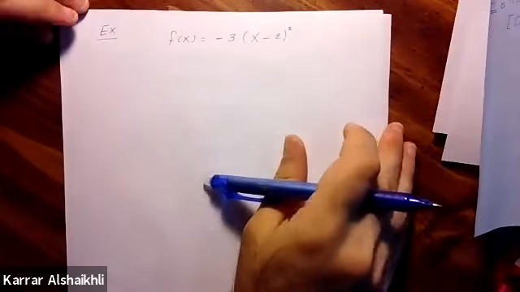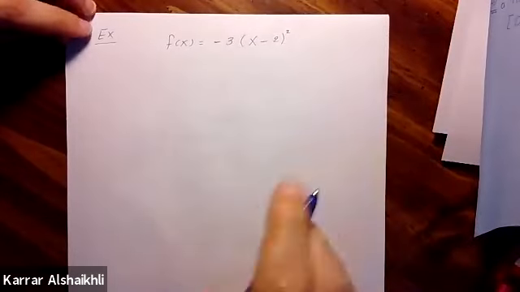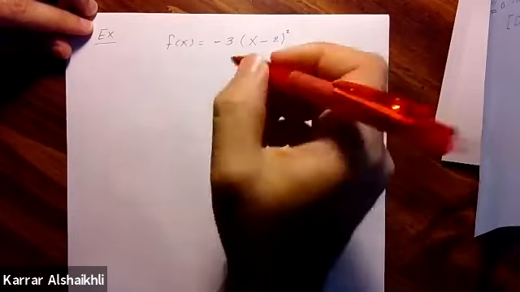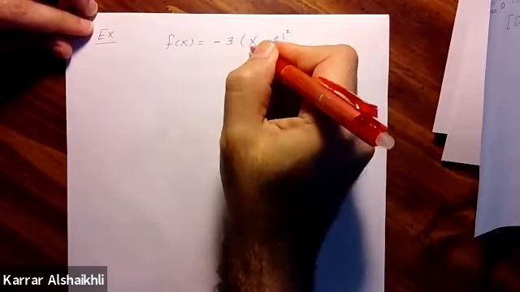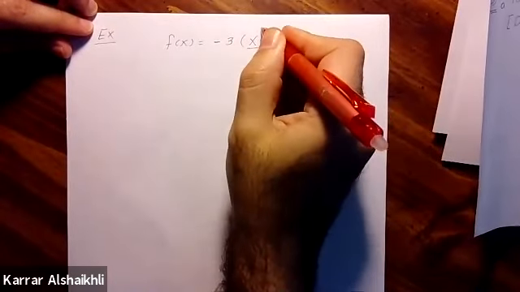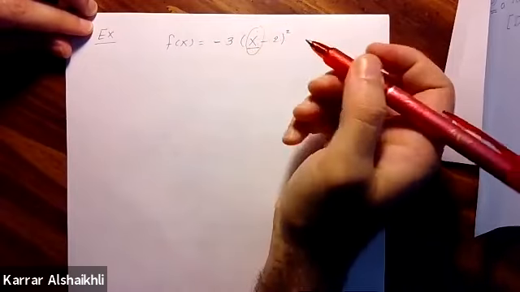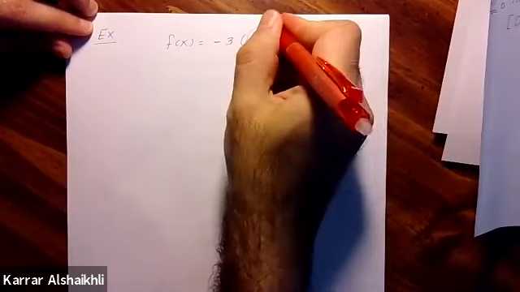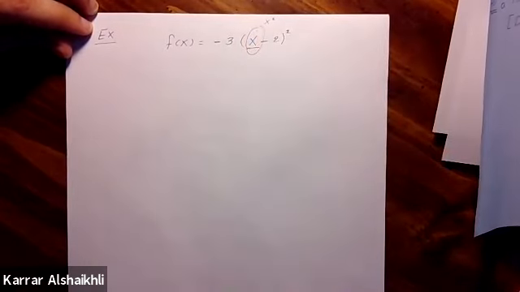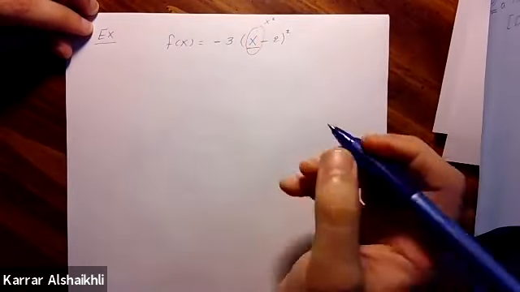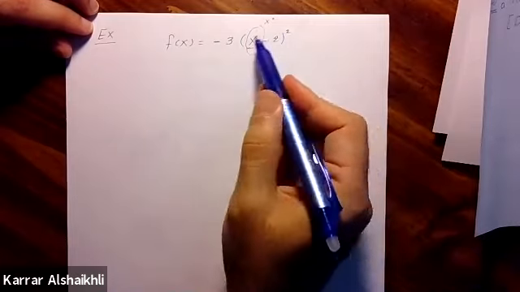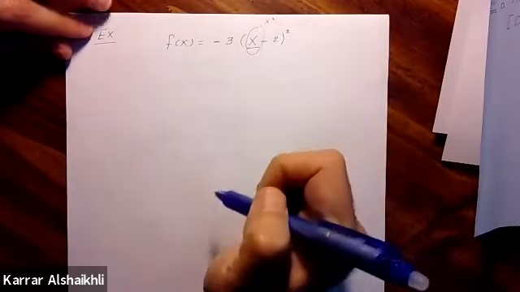So now always you have to locate the parent function. So the parent function is the x here, x squared. Because I have x with parentheses squared, so the parent function is x squared.